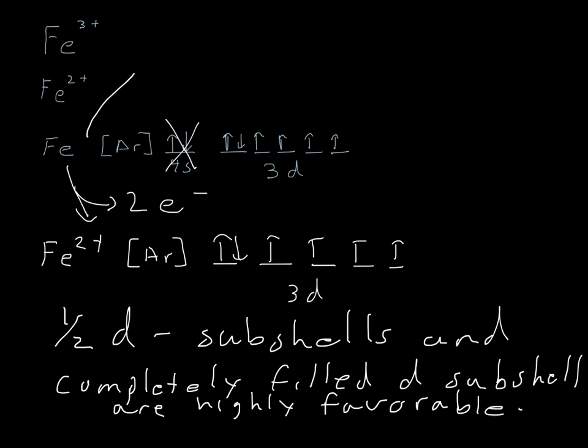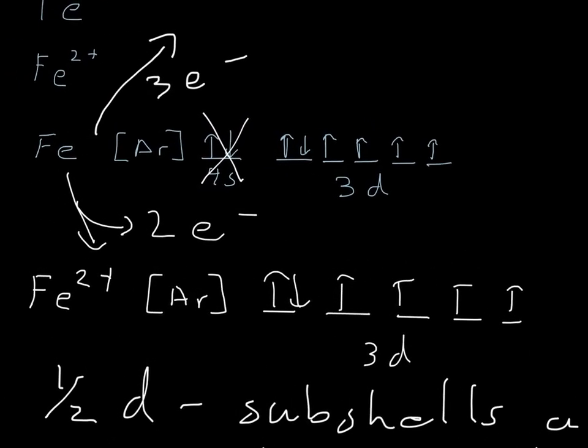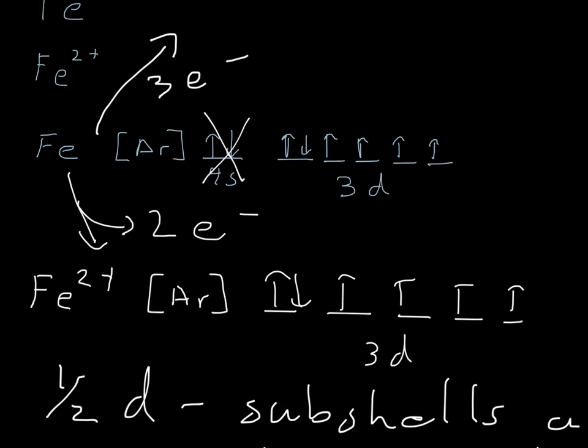So if we look at iron here, iron is really close to having a half-filled d subshell. It has 6 electrons in 3d, so it only needs to get rid of 1 in order to have a half-filled d subshell.